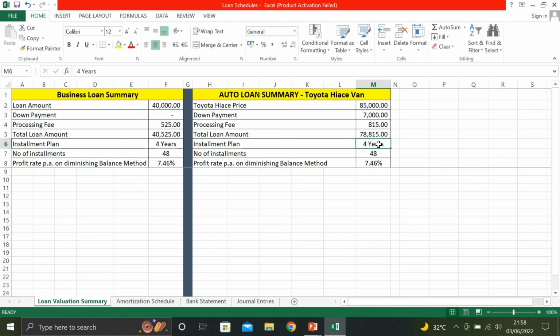So this will be the loan amount that we need to pay in how many years, 4 years, and how many installments, 48 installments, one installment per month. So for the 4 years we have 48 installments, and the profit rate charged is 7.46.